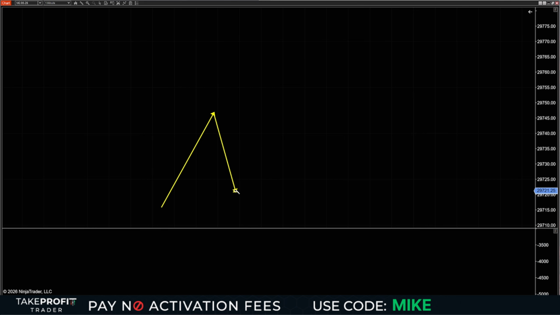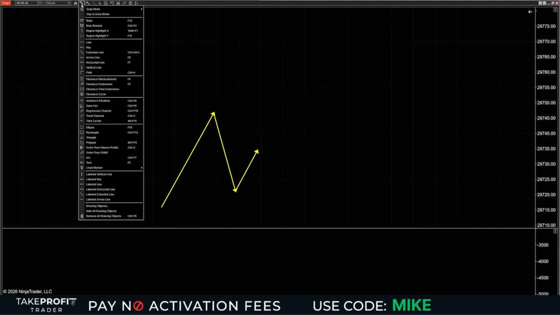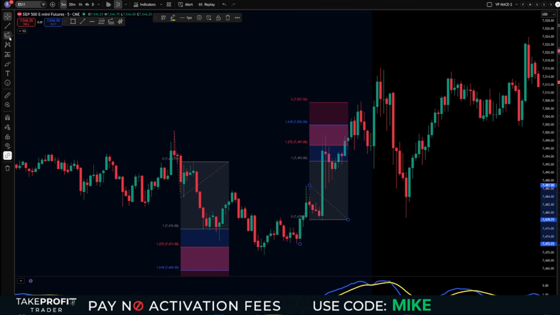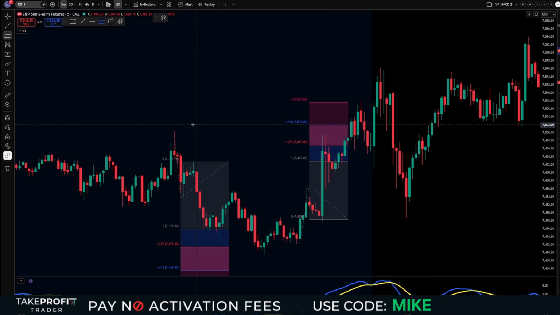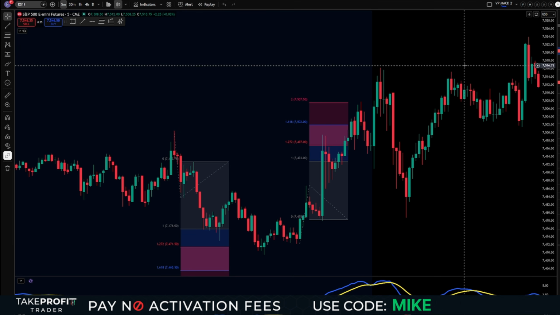Well, is there a point in this pattern where we invalidate any potential ABC pattern or Fibonacci extension to the upside? Well, for this, you want to go ahead and grab your Fibonacci retracement tool. In NinjaTrader, it'll be under drawing tools. It'll be right here where it says Fibonacci retracement. And if you're going to use TradingView, right back over here to the drawing tools, simply click there where it says Fibonacci retracement.